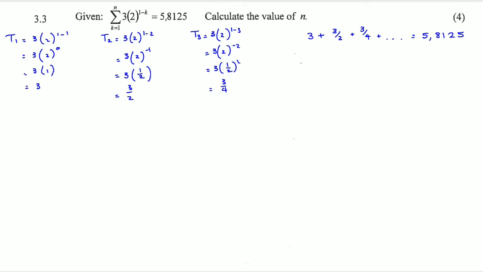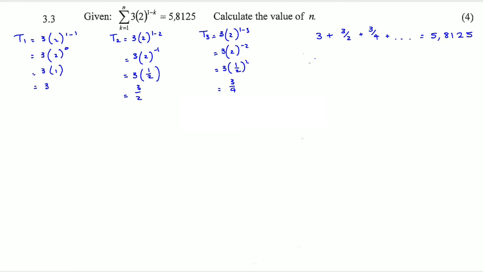We can find r, which will be the constant difference if this is an arithmetic series, or the constant ratio if it's a geometric series. Term 2 minus term 1 is not equal to term 3 minus term 2, so this is not an arithmetic series.